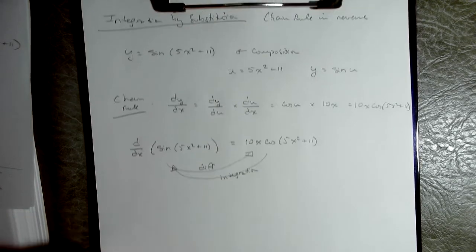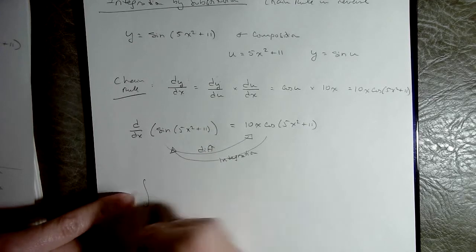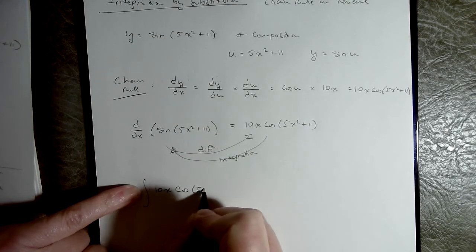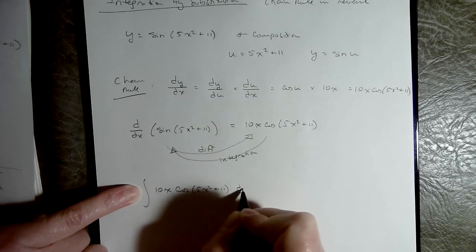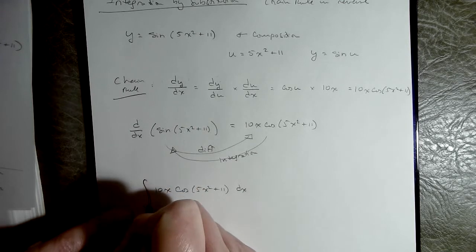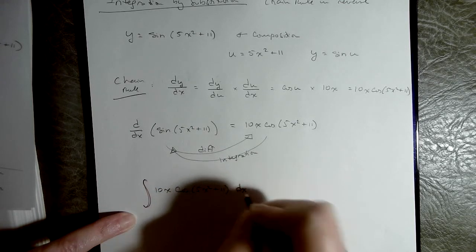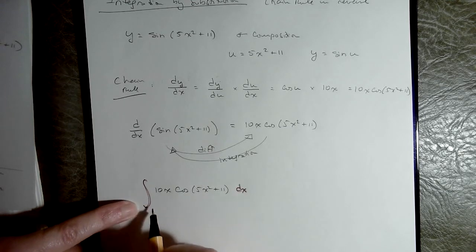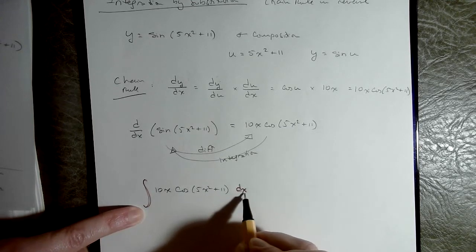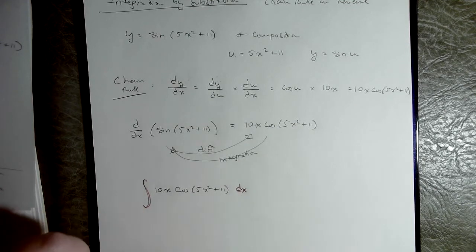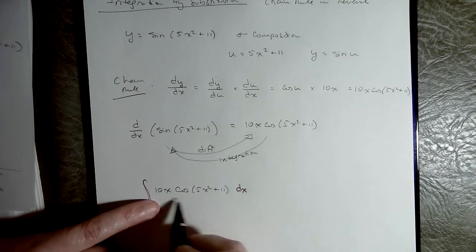So if I want to integrate 10x times the cosine of 5x squared plus 11 with respect to x. And by the way, this notation, I think of it as bookends. This means please perform integration. This means x is the variable you care about. And this is the integrand.